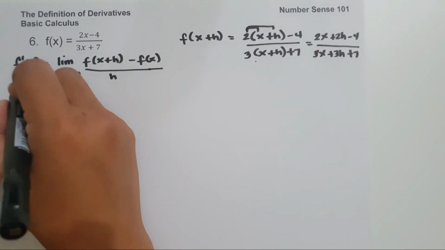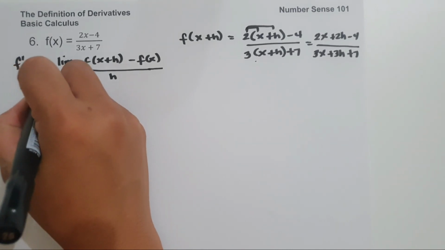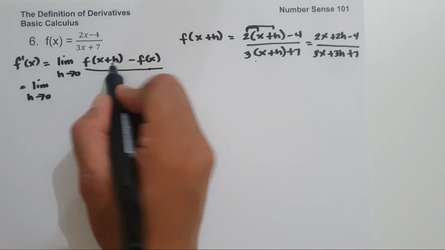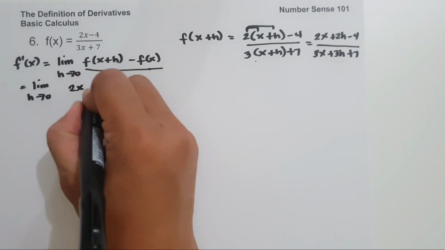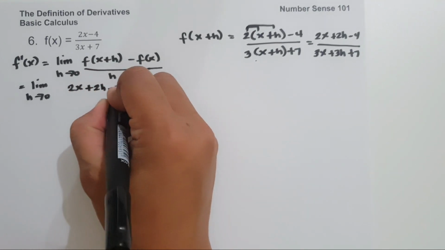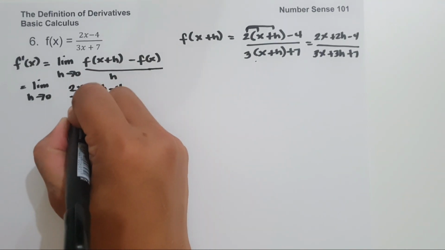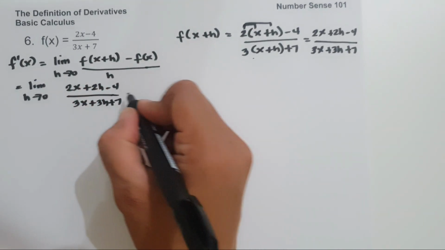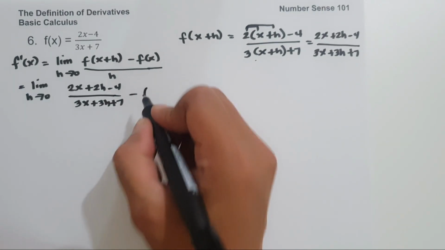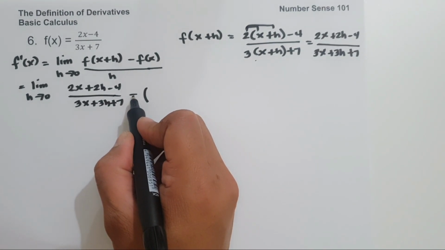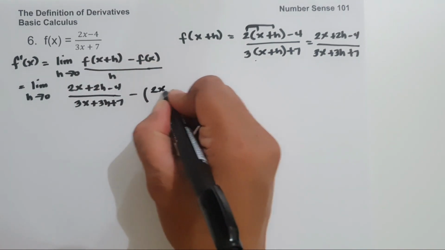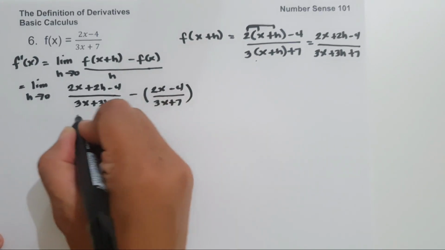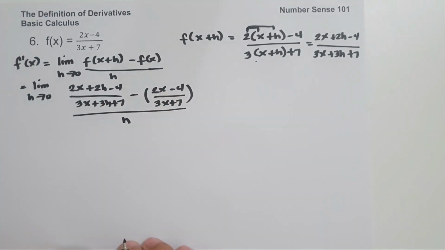So therefore, let us have the limit as h approaches 0 of f of x plus h, that is (2x plus 2h minus 4) all over (3x plus 3h plus 7), minus, I'm going to have a parenthesis because I want to distribute the negative, (2x minus 4) all over (3x plus 7), all over h.